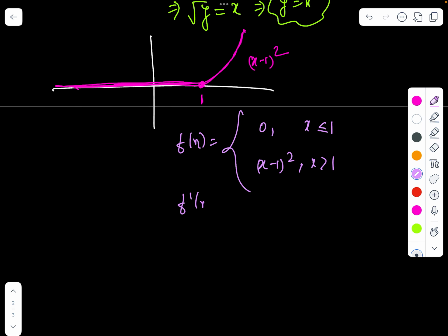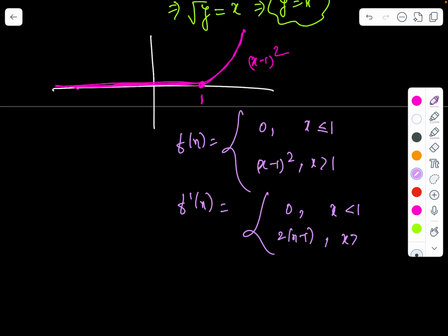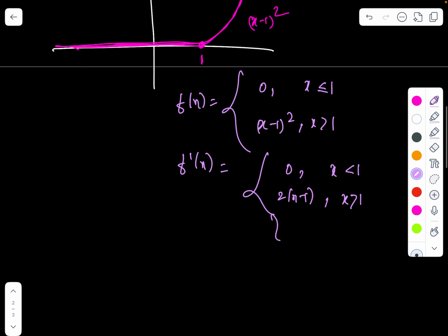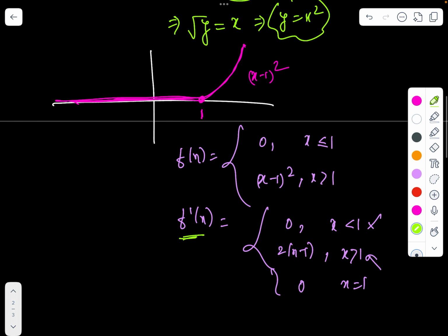Now you can clearly see f dash x will be 0 for x less than 1, and it will be 2 times x minus 1 for x more than 1. And at x equal to 1, the derivative is still 0, because from LHL and RHL both functions have the same slope, which means this is a smooth function.